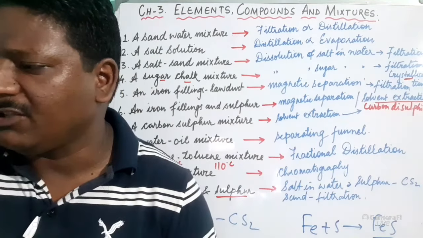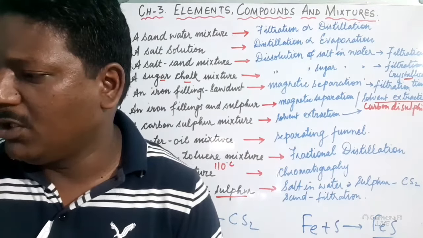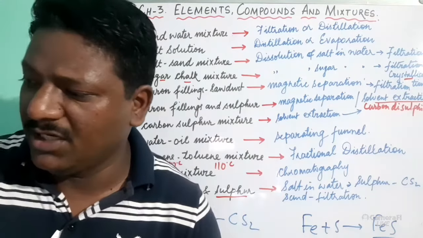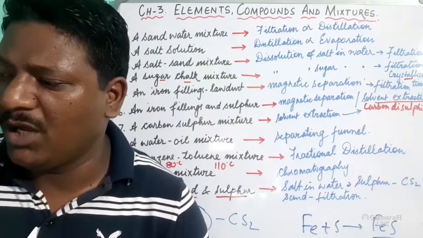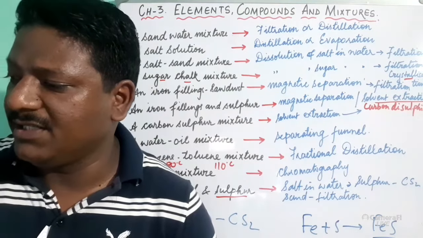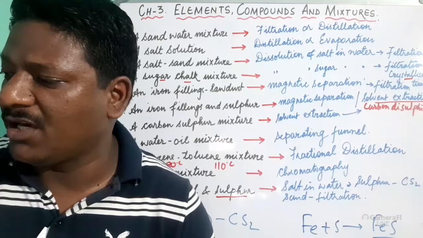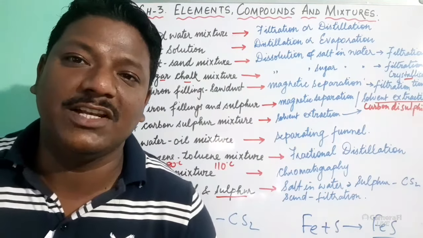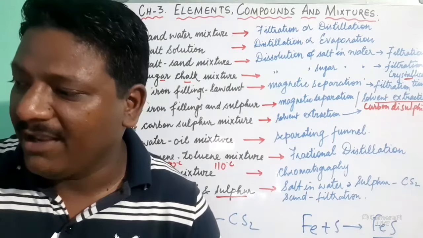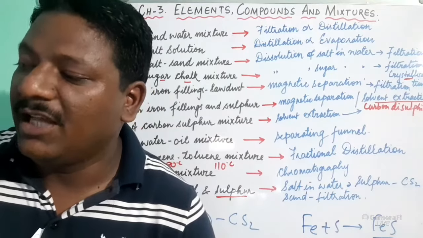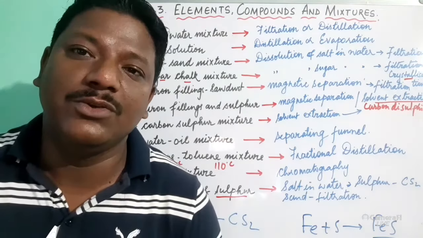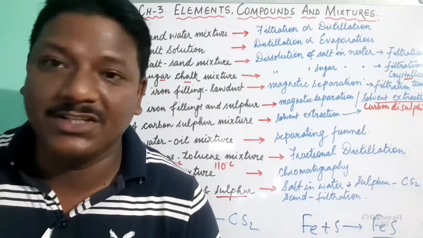Then question number 9, what are the following called? Number A, the apparatus in which the vapors are cooled during distillation.